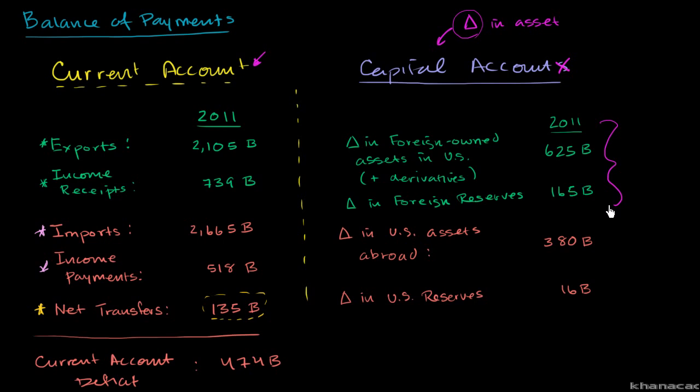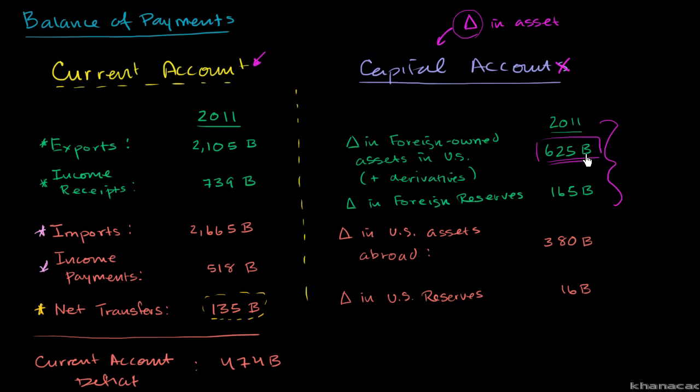So for example, if I am a home builder, an American citizen, I build a home in the U.S., and then I sell it for $1 million to a Mexican national, maybe for their vacation home. That means that for just that transaction, there's been an increase in foreign ownership of U.S. assets, that $1 million home. And so this number would be increased by $1 million.